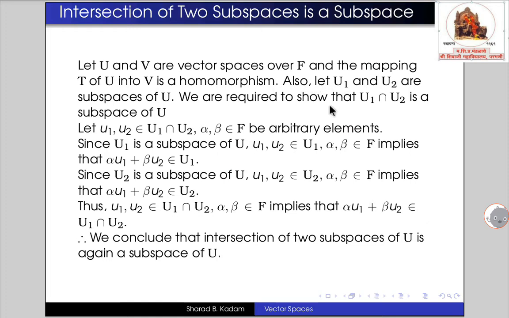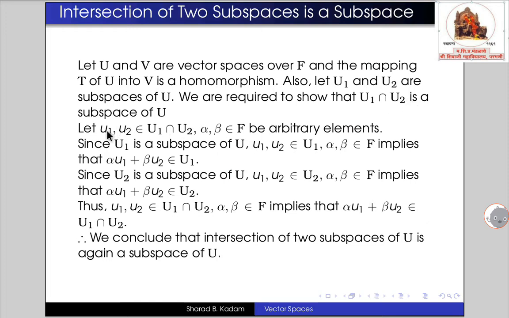Next, we consider two subspaces U1 and U2 of the vector space U, and we will show that their intersection U1 intersection U2 is a subspace of U. Here U1 intersection U2 means common elements, means the elements which are in both U1 as well as U2. So we will show that this set is a subspace.